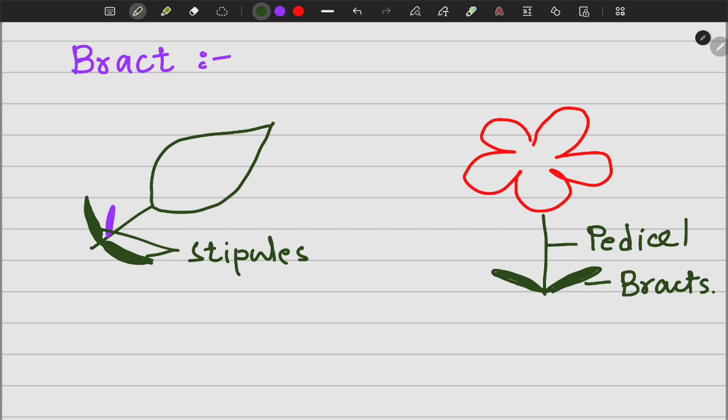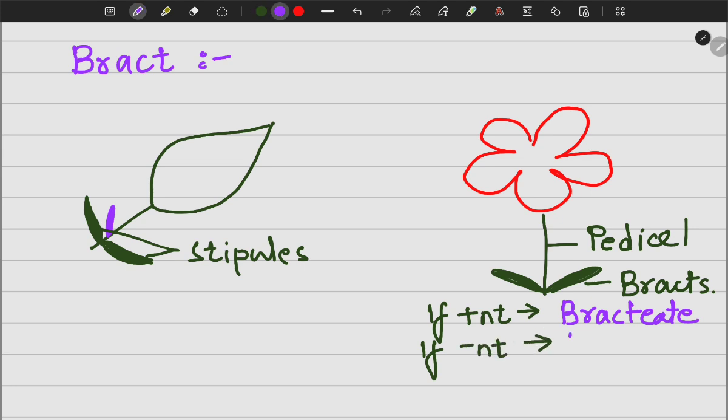They also may be present or may not be present. If the bracts are present, the flower is called bracteate. And if the bracts are absent in a flower, then the flower is called ebracteate.